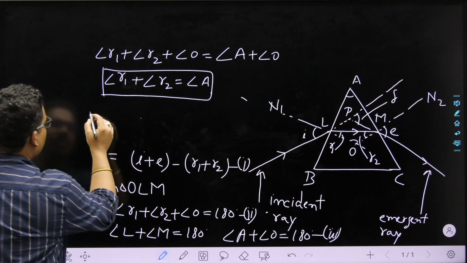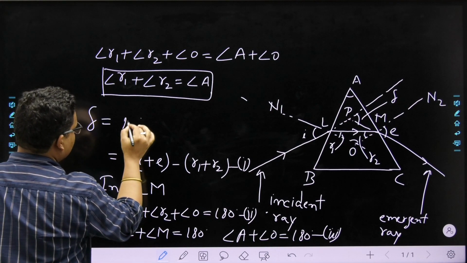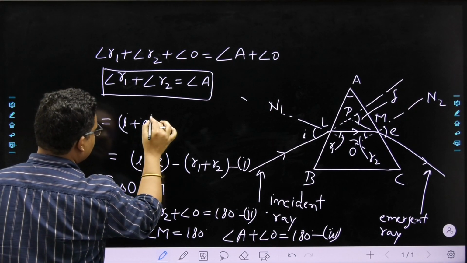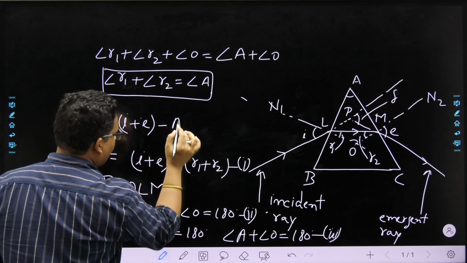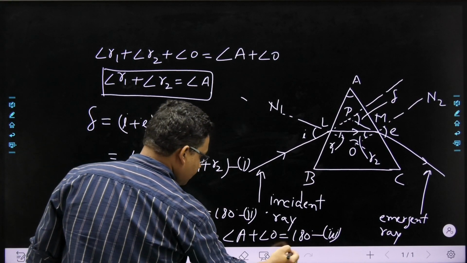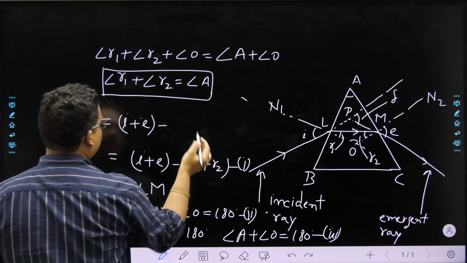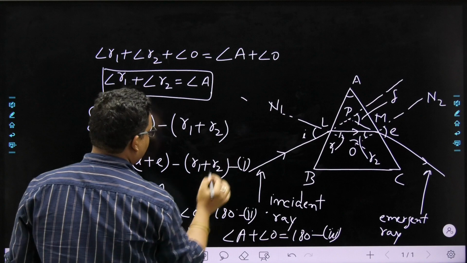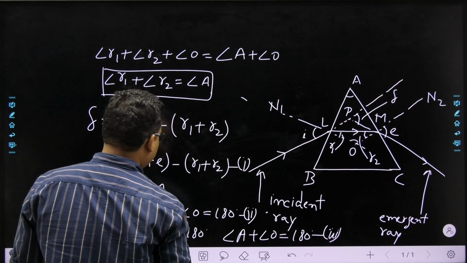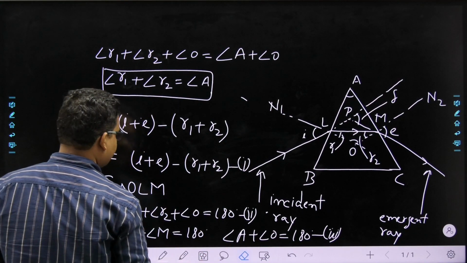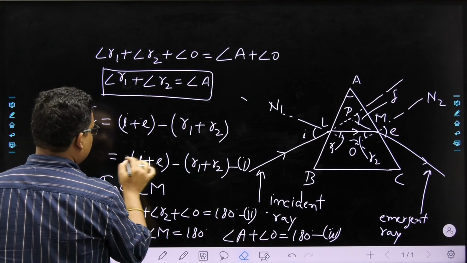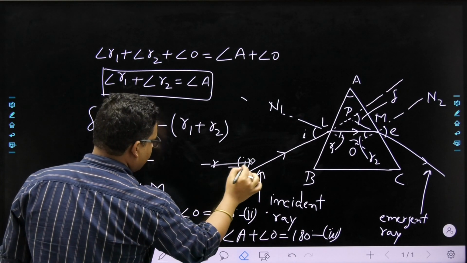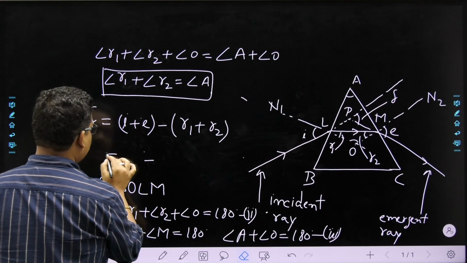Now, we know that delta is equal to I plus E minus R1 plus R2. So what will be the next step here?